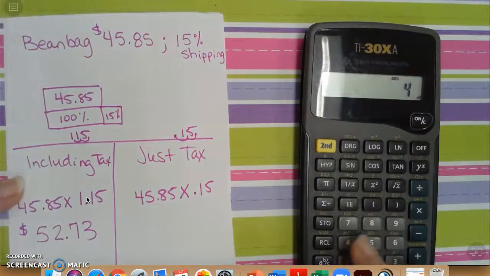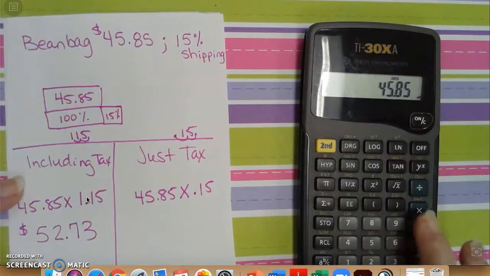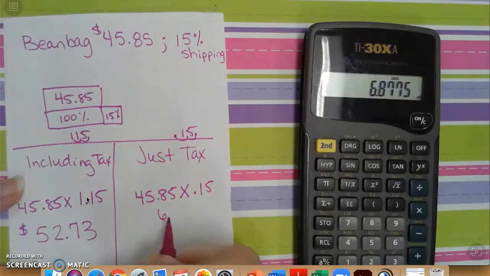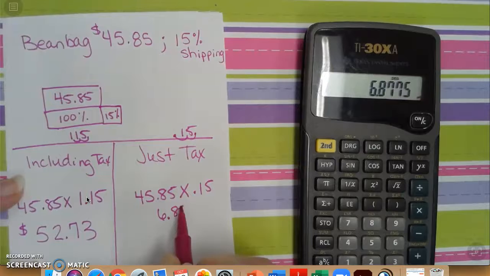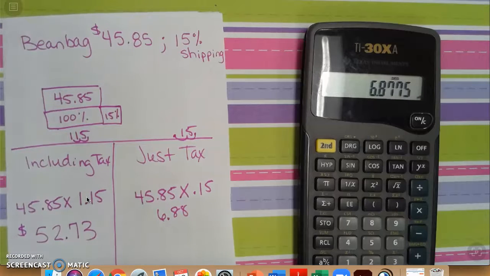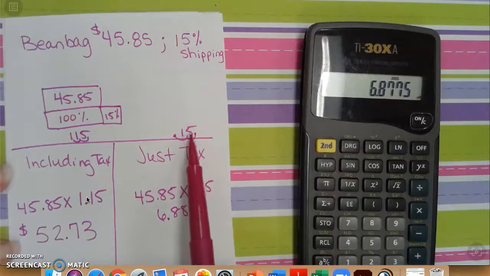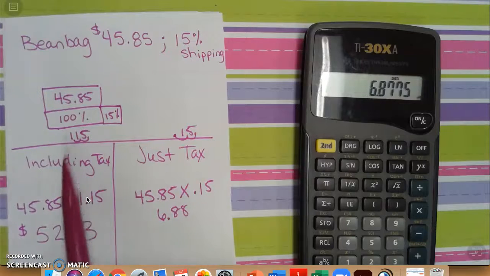So we take that 45.85 times 0.15. Now that 7 is going to make that 0.88. So that would be our just tax. This is the same concept, except you don't have to do the whole proportion. You can just move that decimal back 2 times and then multiply.